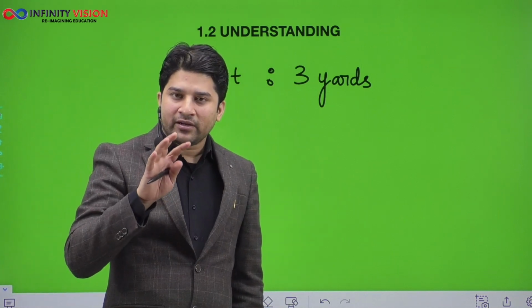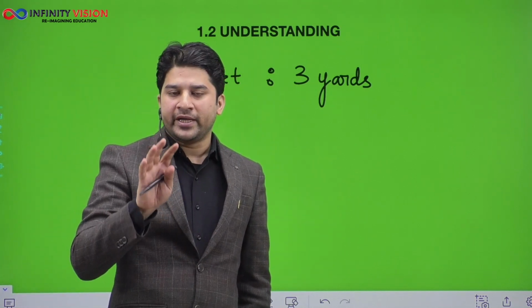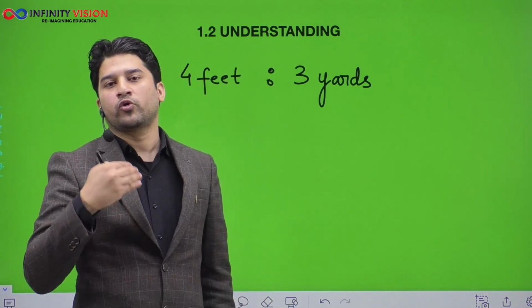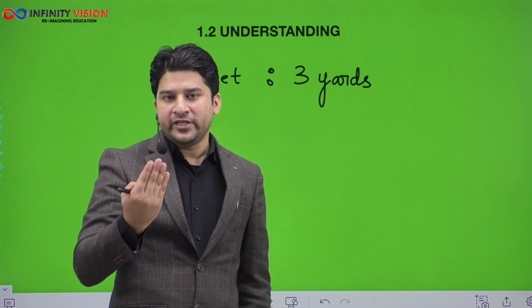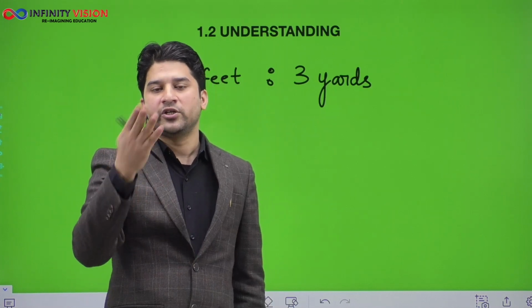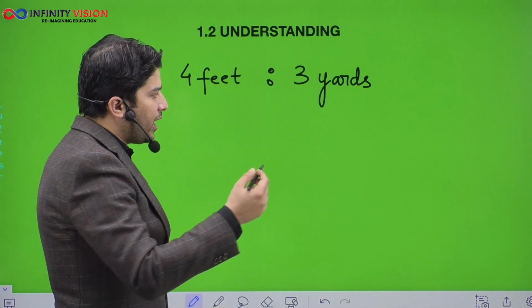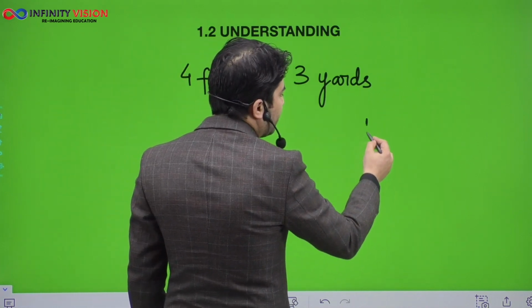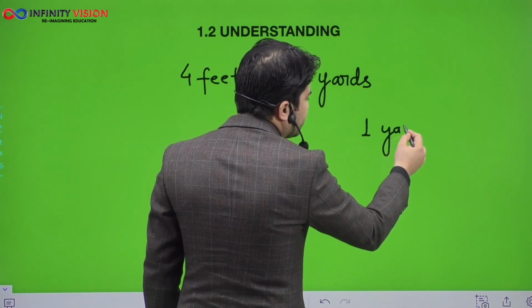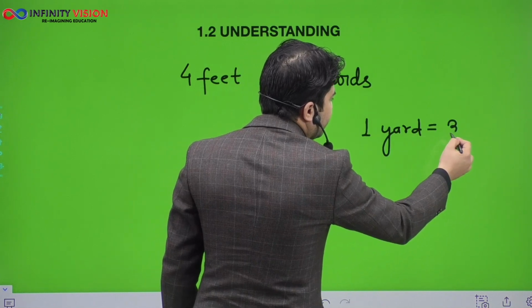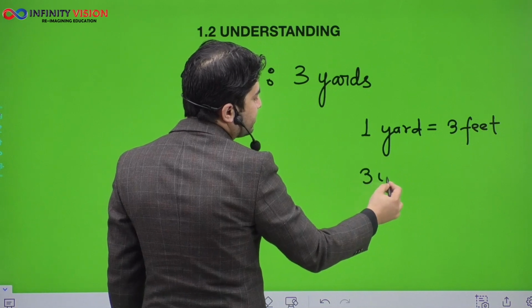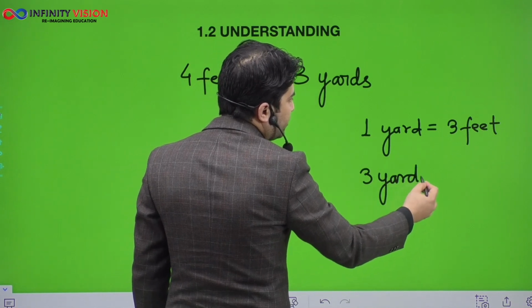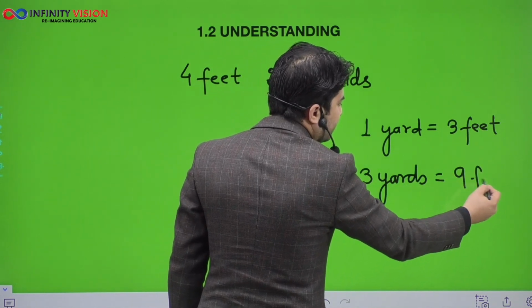To find the ratio, you always bring both the quantities to a common unit. So definitely you need to either convert feet into yards or yards into feet. And I'm sure many of you know that 1 yard equals 3 feet. So what we can do is convert 3 yards into 9 feet.